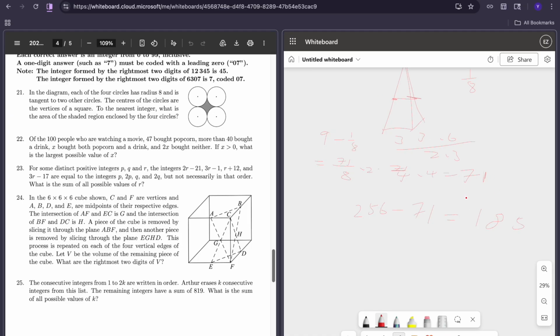And that is our solution. Let me double check the calculation. 6 times 6 times 6. Okay, my bad.